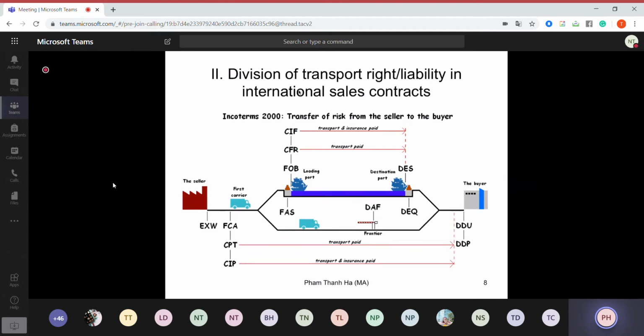I think all of you already understand the concept of the ship's rail, and also the reason why in Incoterms 2010 the ICC decided to delete the terms related to the ship's rail. Instead, they only mention that the seller needs to load the goods on board of the vessels.